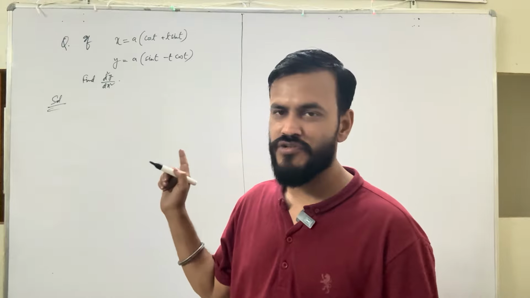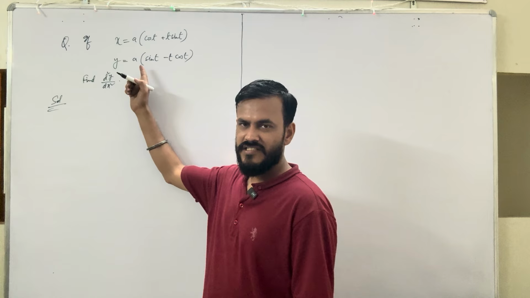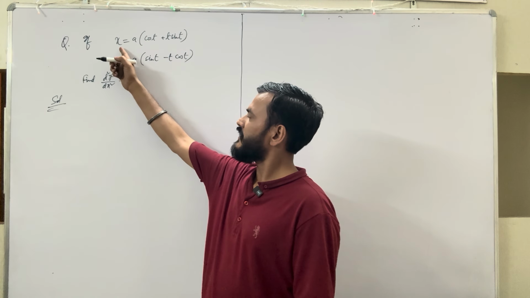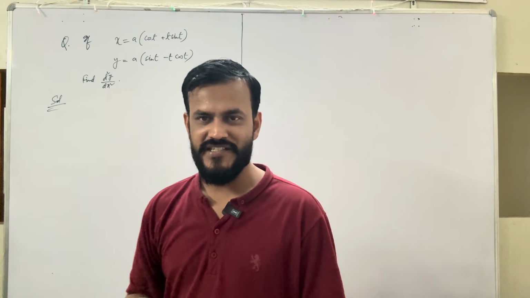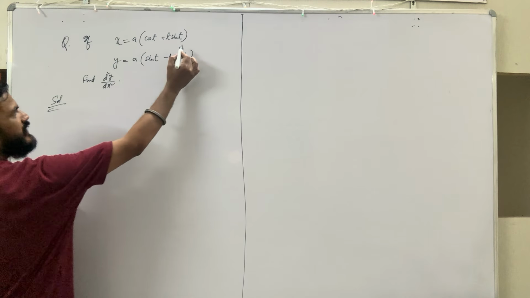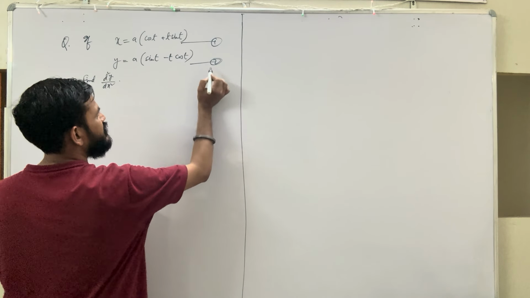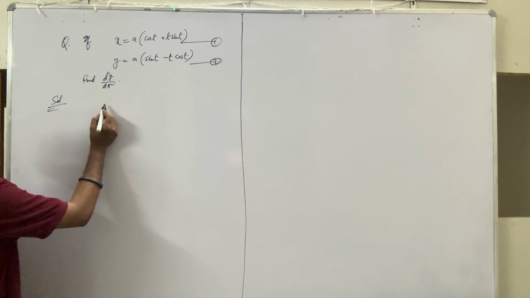Come to a very important question. This may come up in exam. So you see, these two equations, x and y, depend on parameter t. We need to find d2y by dx square. Let's see how to find out. So we'll differentiate x with respect to t, we differentiate y with respect to t, and we'll find dy by dx by chain rule.